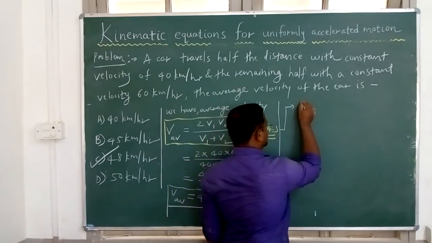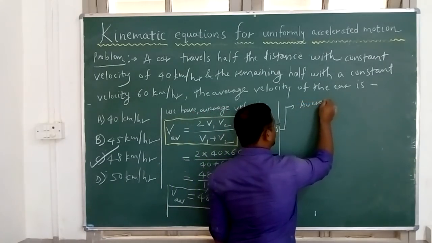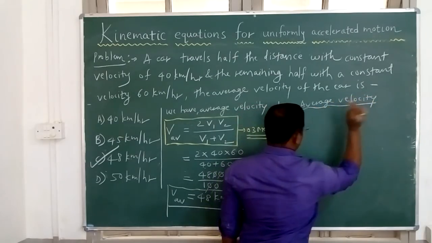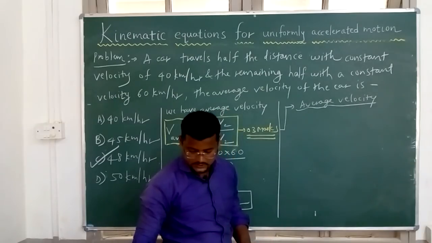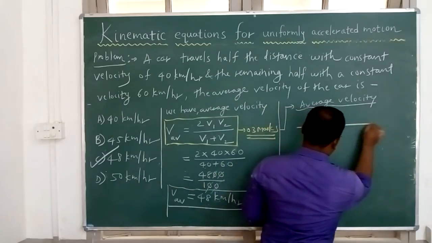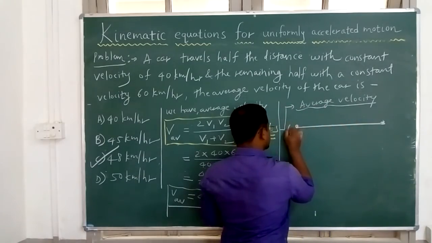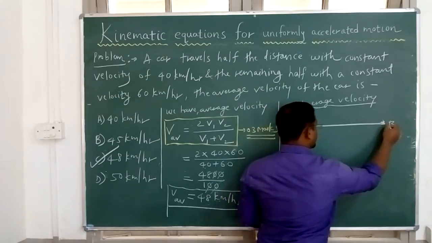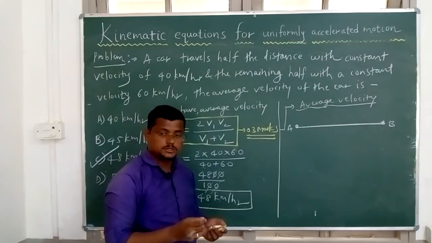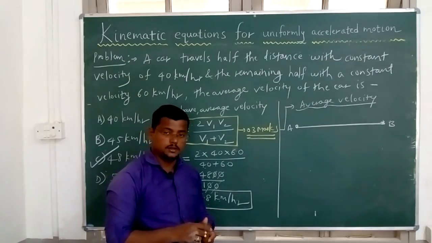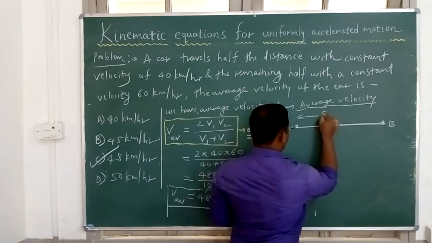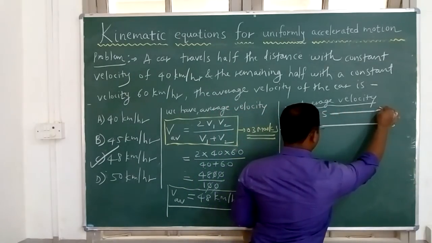I am writing for average velocity. Just see here, somewhat complicated but you can easily understand. We have got some distance here. This is A, this is B. As per this question, the distance traveled by the car is half of the total distance, or total displacement, because I am considering a straight line here.